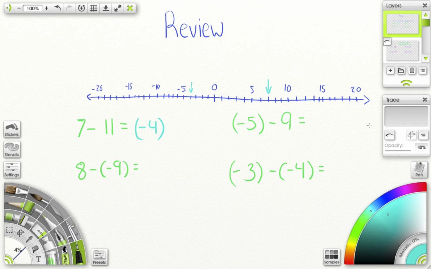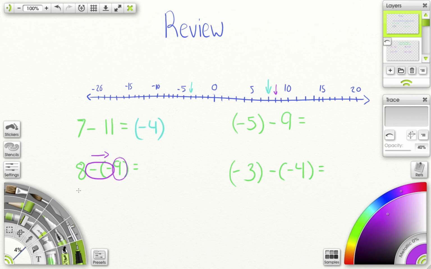Now we have 8 minus negative 9. So we have positive 8 right here, and we are subtracting a negative. Remember, when we have subtracting a negative, we have those same symbols. The same symbols mean we go right, and we're going right that many spaces.